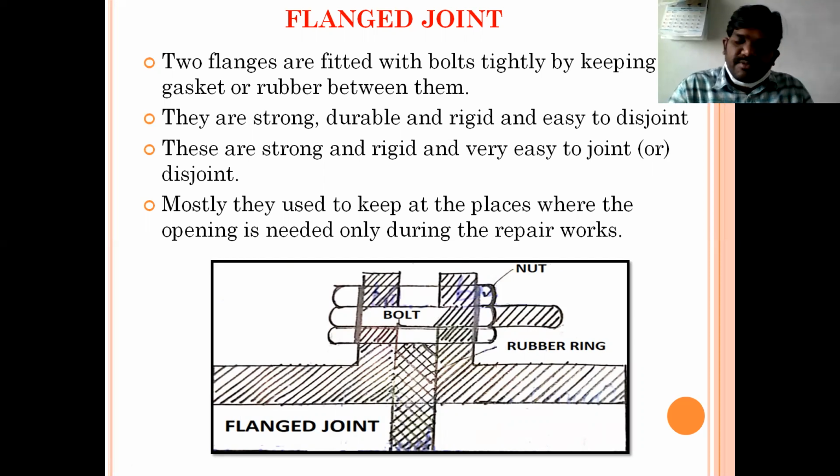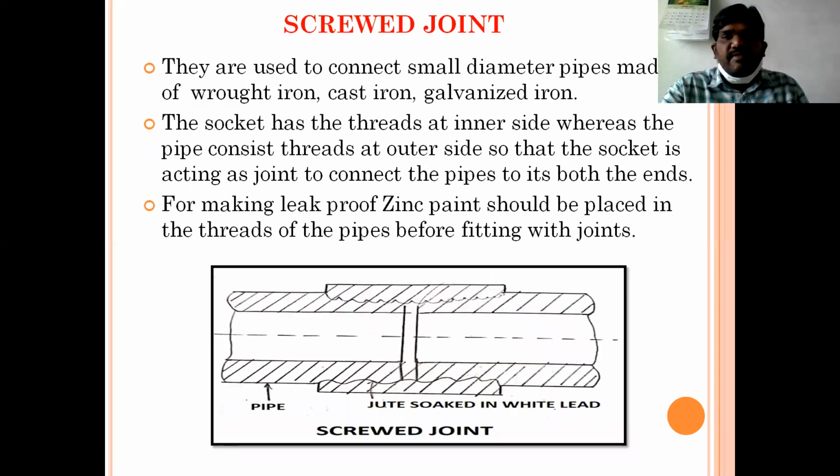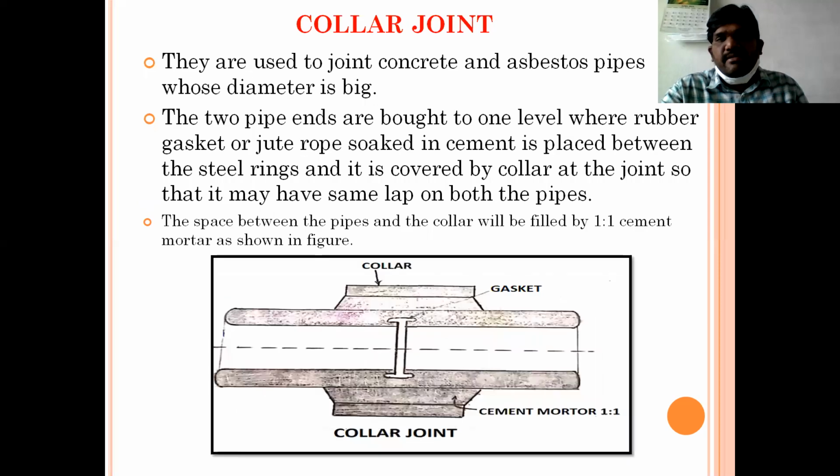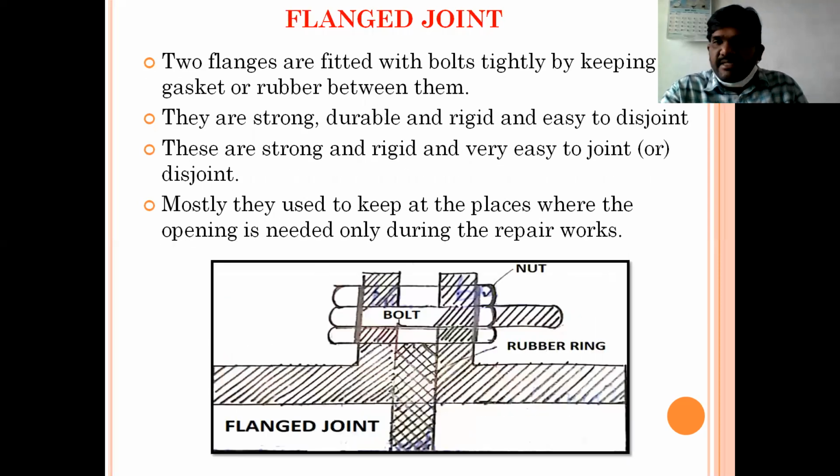They are used during repair works, or whenever the opening is needed. This is the fourth joint. The first one is the spigot joint, then the screw joint, collar joint, and flanged joint.